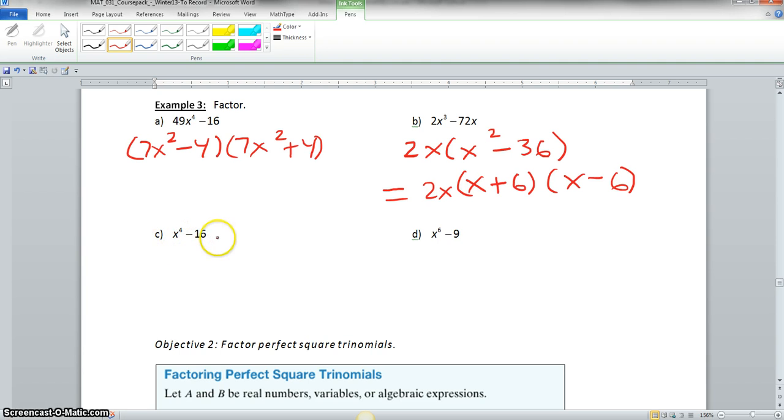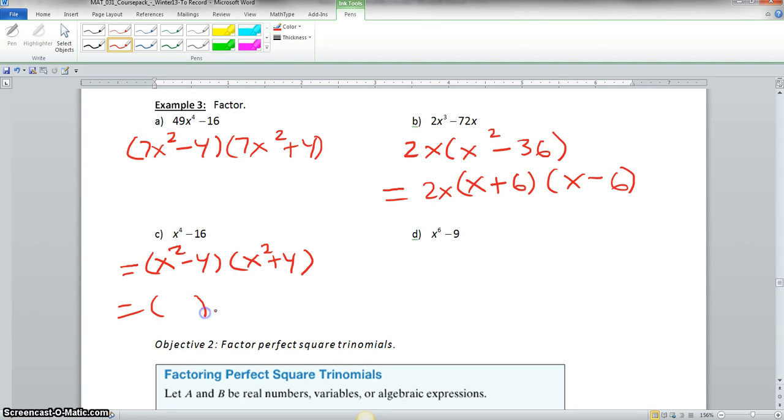Now we come here to c. Now x to the fourth is a perfect square, and 16 is also a perfect square. So we have a difference of two squares here. This will give us x squared minus 4, and this will give us x squared plus 4. Now if you notice here in this first parenthesis, isn't this still the difference of two squares? And since it is, we have to factor that out.